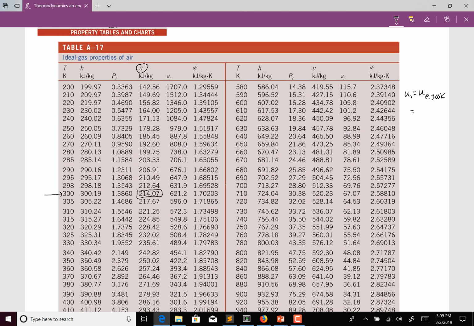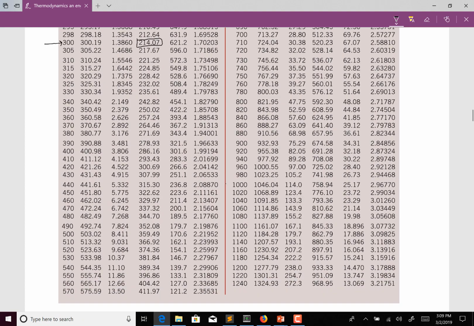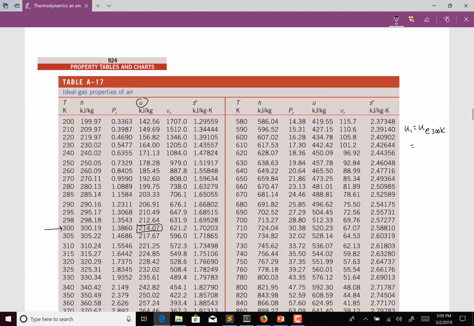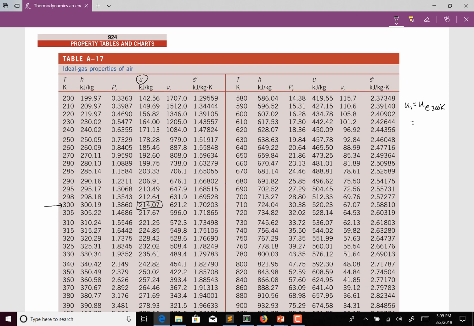Then this was heated to 600 Kelvin, so that is right here. U2, or the internal energy at state 2, is 434.78.